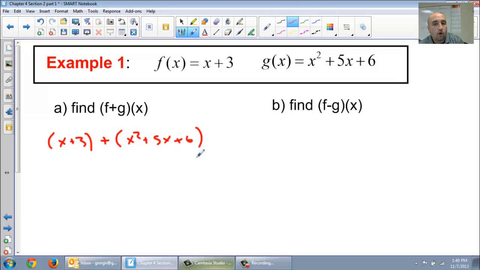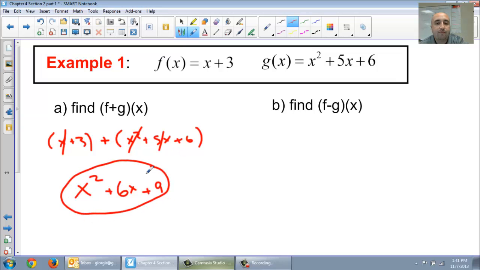Okay, now what like terms do we have here? Let's start with the highest exponent. We only have 1x squared, so I'm going to bring it down. X plus 5x is 6x. And we have a 3 plus a 6, which is 9. So f plus g of x is x squared plus 6x plus 9. Okay, hopefully that makes some sense.